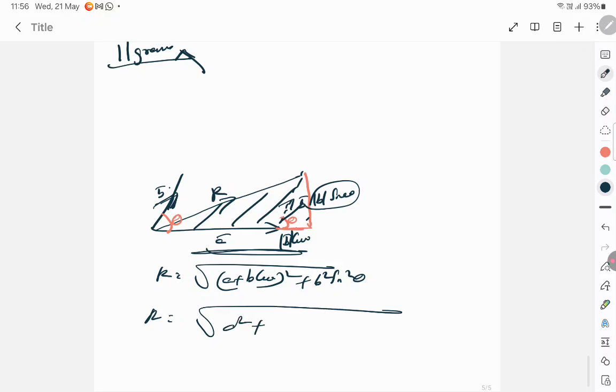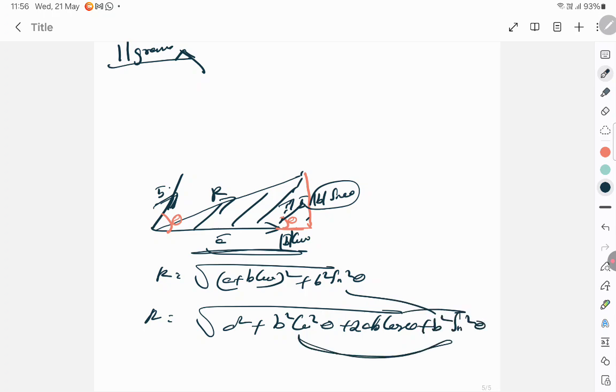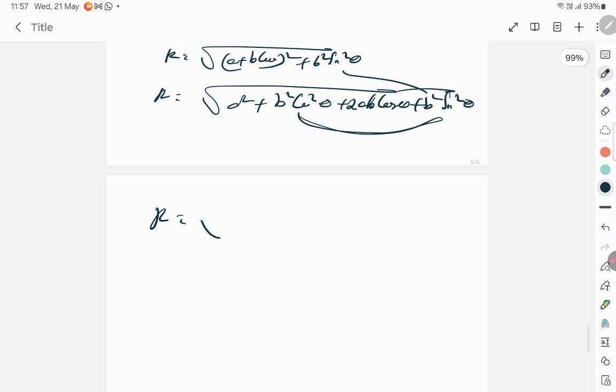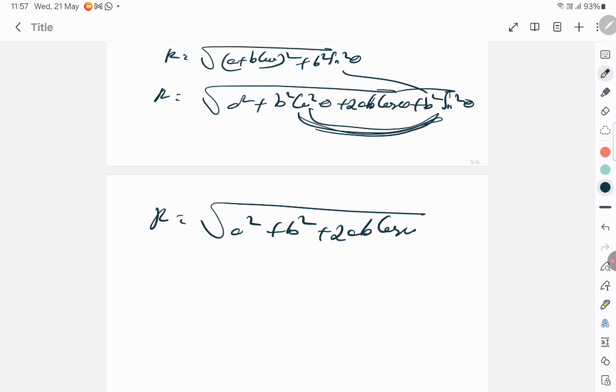So let's expand this. It's A square plus B square cos square theta plus 2AB into cos theta plus B square sin square theta. You consolidate these two. You get the resultant to be root of A square plus B square plus 2AB cos theta. Why? Because B square common, sin square theta plus cos square theta will just add up to 1.